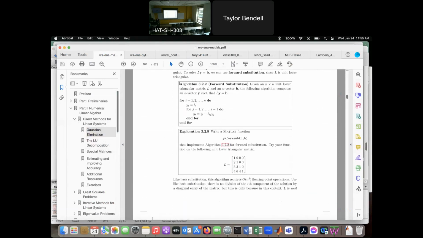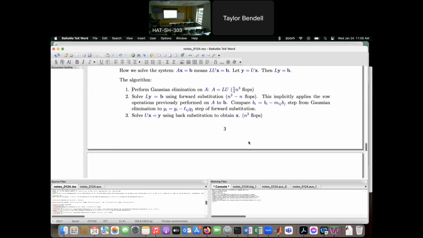So here we have the algorithm pseudocode for forward substitution, assuming a unit lower triangular matrix. So this won't work for a general lower triangular matrix, only for a unit one. And then there's an expression here that's assigned for homework to write this function of forward substitution.